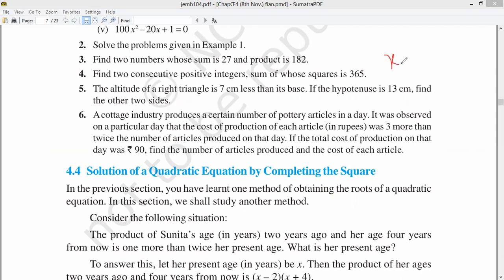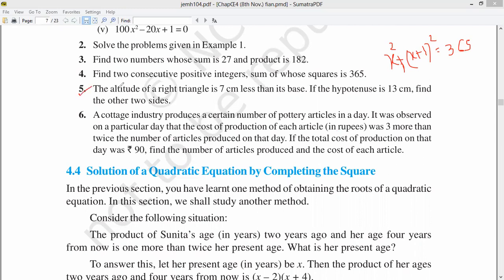So we can choose, let x and x plus 1 be the two consecutive positive integers. The sum of their squares means x square plus the whole square of x plus 1, and this is given as 365. We will solve this, make a quadratic, and after solving the quadratic we will get the value of x.